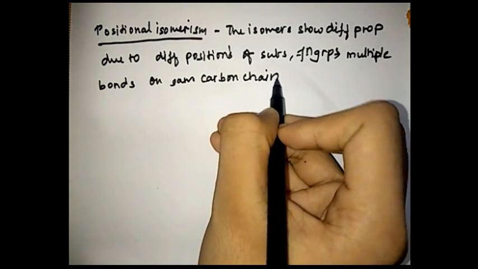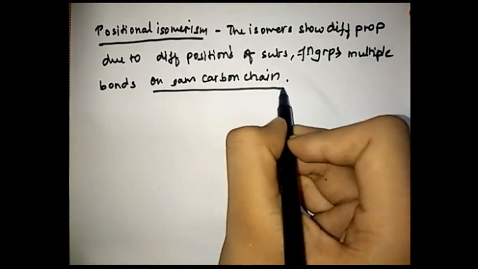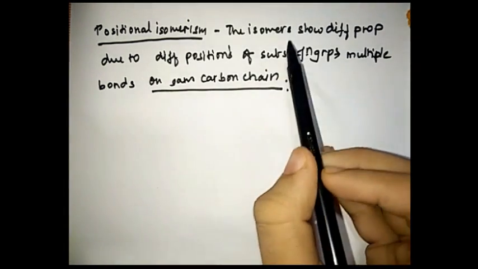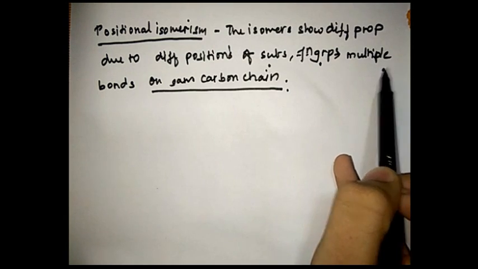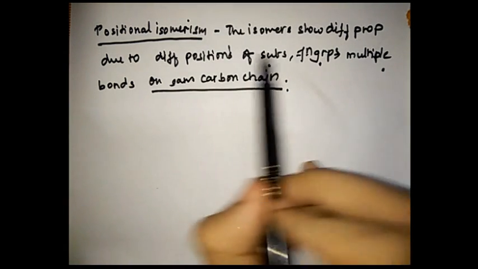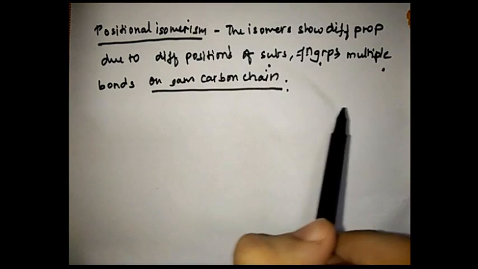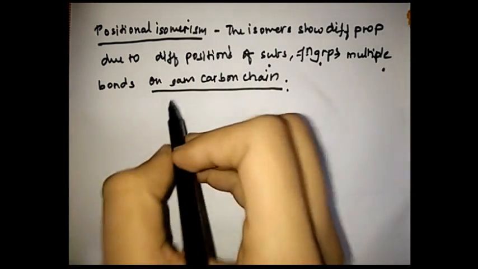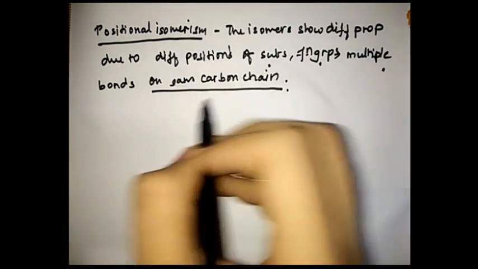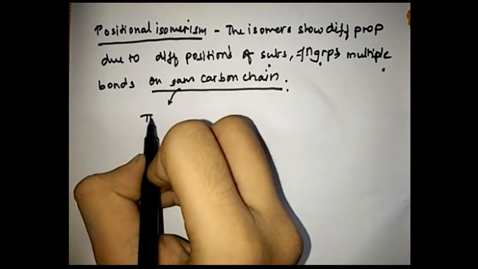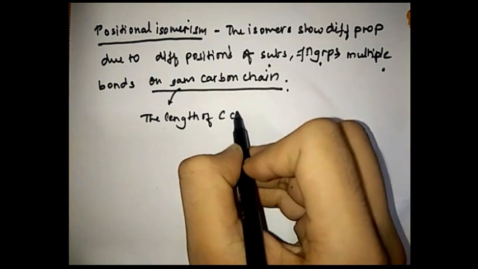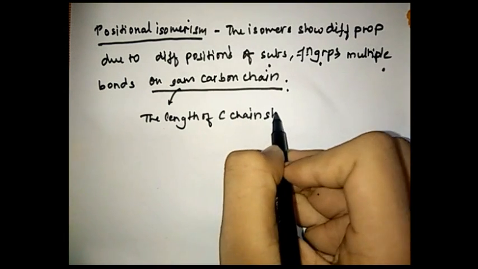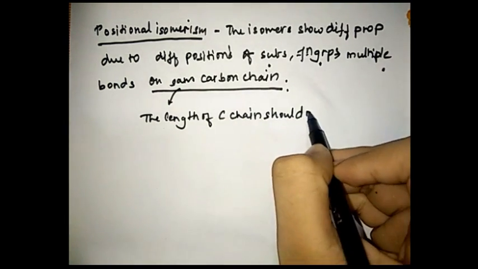This is very important. On the same carbon chain, the substituents, functional groups and multiple bonds can translocate, but the carbon chain should not change. The length of the carbon chain should never change.